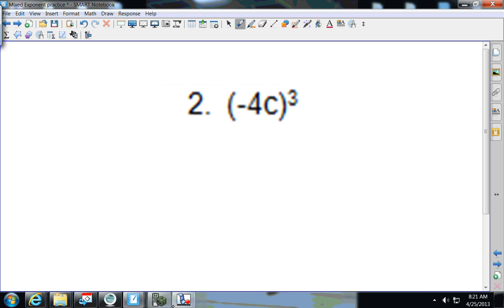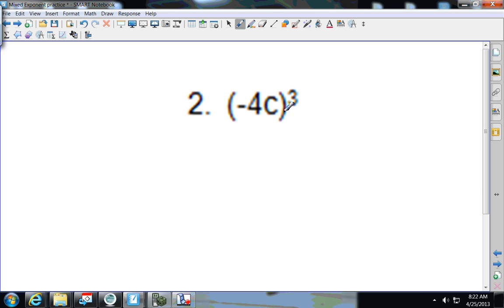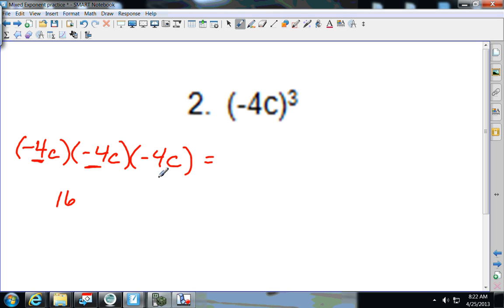Try the next one. On this one, this is the same as saying negative 4c and doing it 3 times, which will give you, you take negative 4 times negative 4, which is 16, then 16 times negative 4, which should be negative 64, and then you have c, 1c, 2c, 3c, c to the third power.